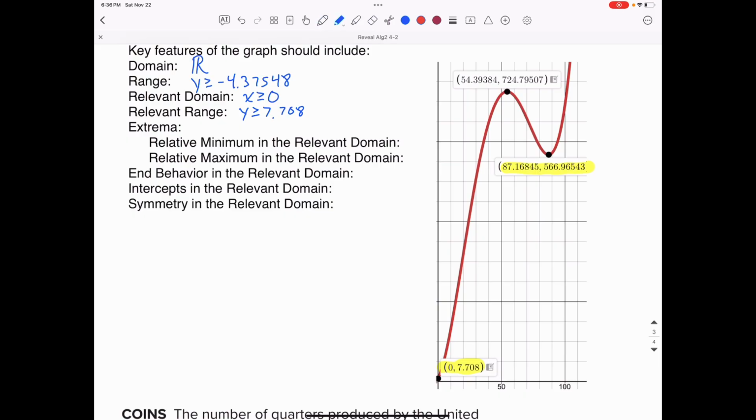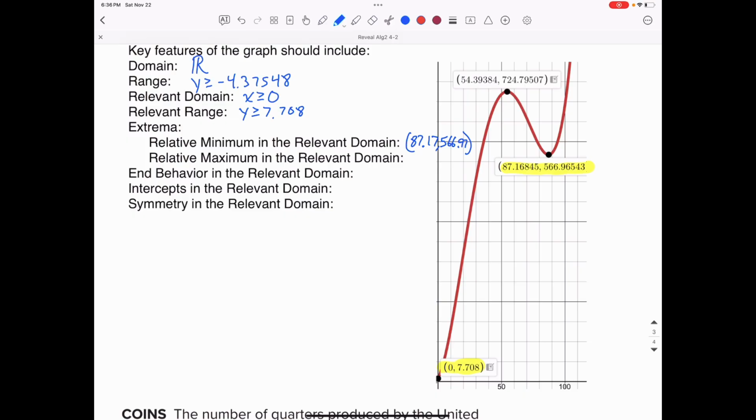I'm going to round that as an ordered pair, so that would be about 87.17, 566.97. So that is the relative minimum in the relevant domain. That's a mouthful, I know.